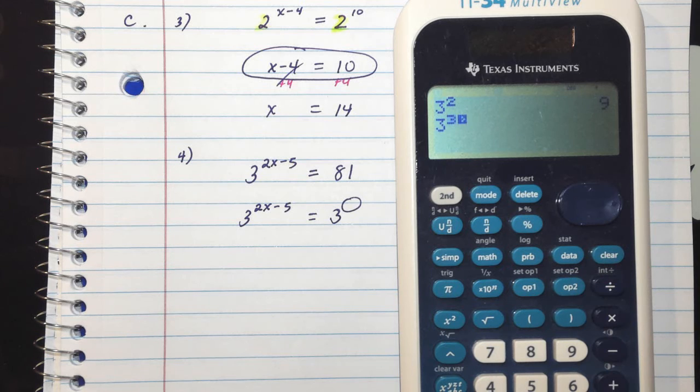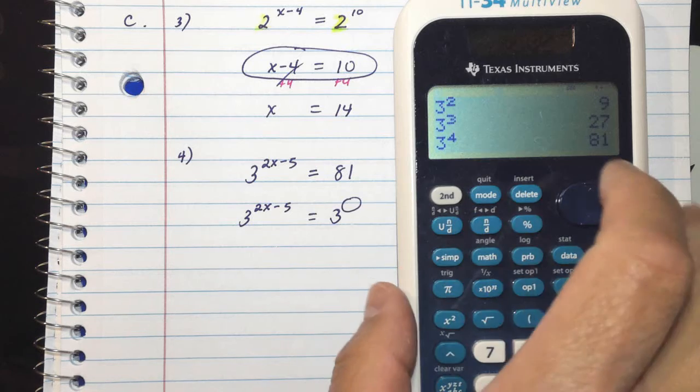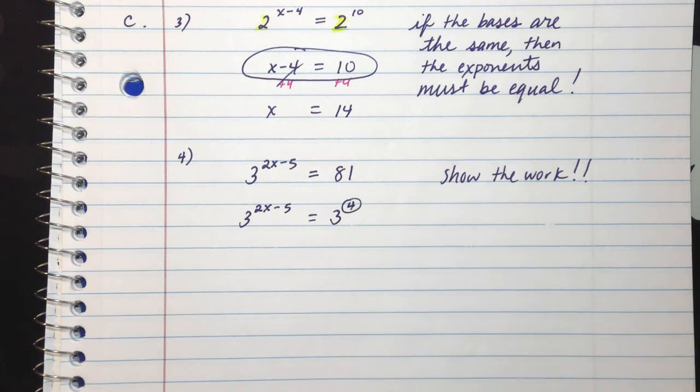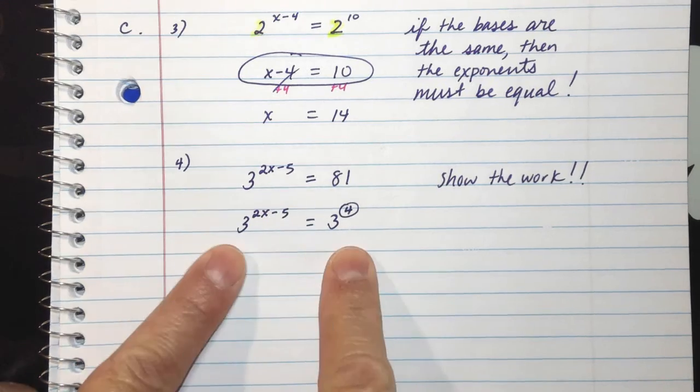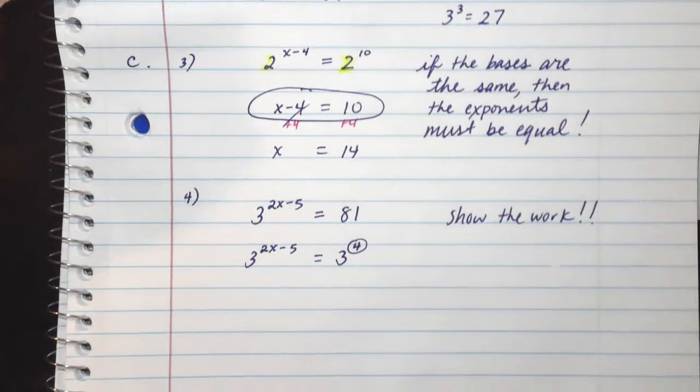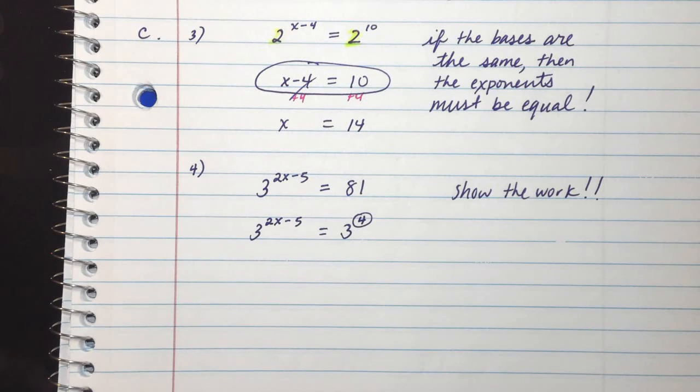I know it's not 3, because 3 to the 3rd power is 27. Let me try the 4th power. There it is. So 3 to the 4th and 81 are equal to each other, so I can replace 81 with a 3 to the 4th power. Bam! Now, this problem is exactly like the last problem. The bases are now equal to each other.